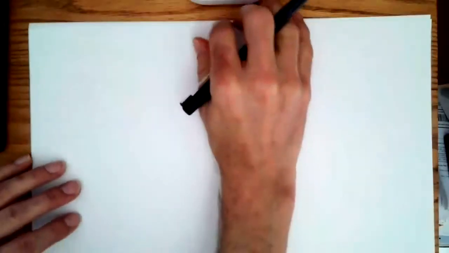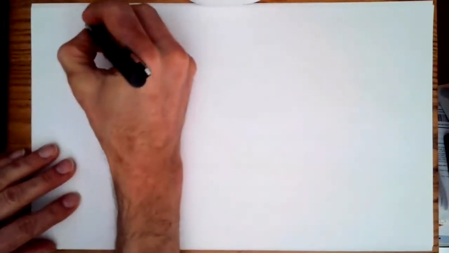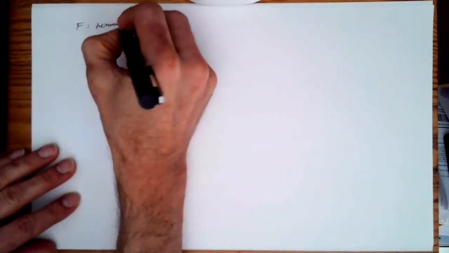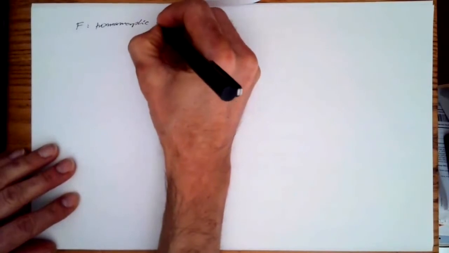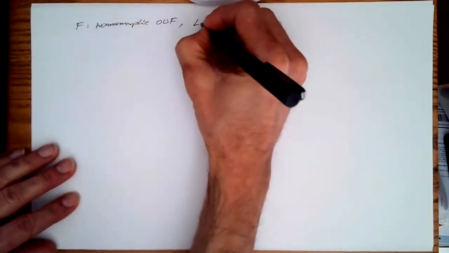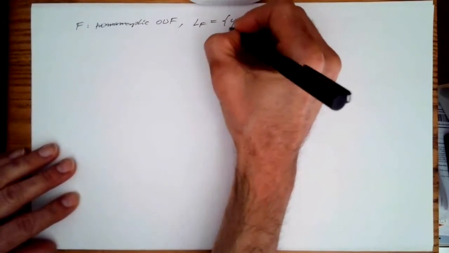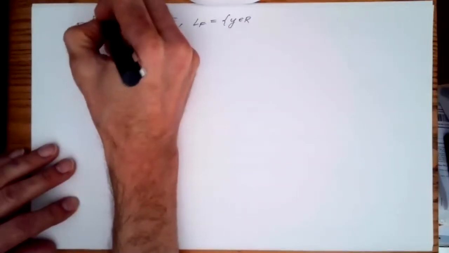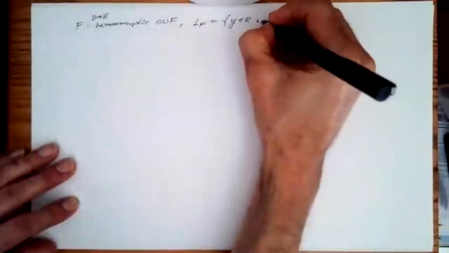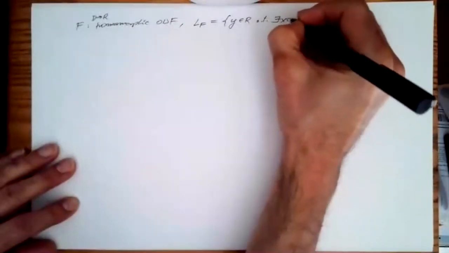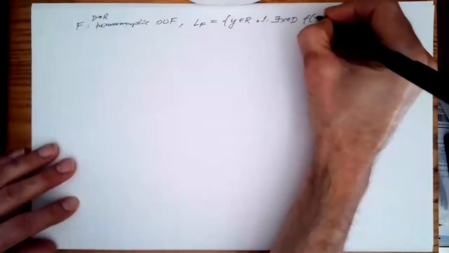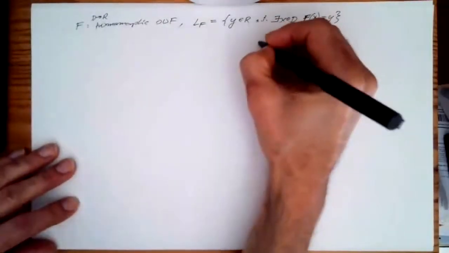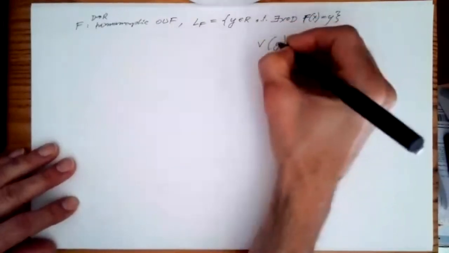Okay. So again, F is a homomorphic one-way function, and the language associated with it is of elements in the function range for which there exists a preimage. Okay, so let the verifier have an element in the range.